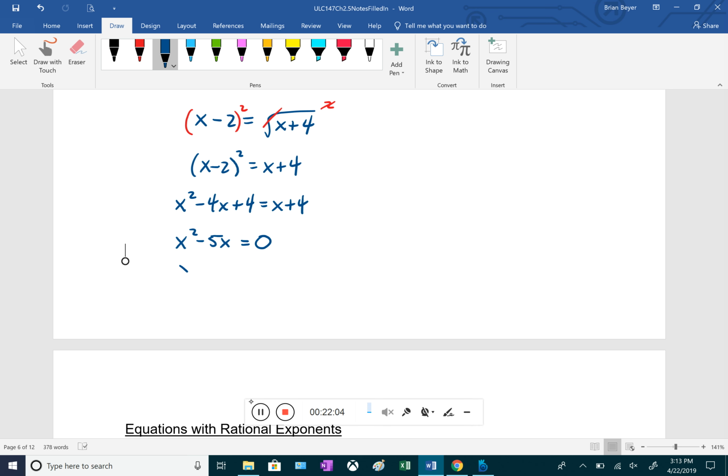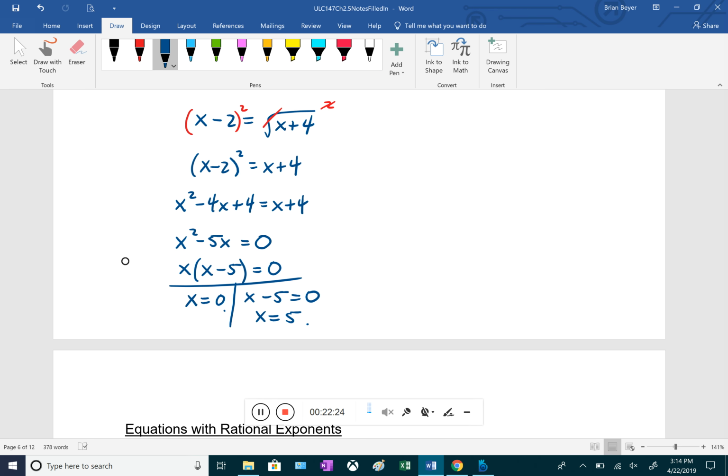And now we can factor out an x, and we're left with x minus 5. We solve these separately, set them both equal to 0. We get x equals 0 and x minus 5 equals 0. For the one on the right, we have to add 5 to both sides. So we get x equals 0 and x equals 5.